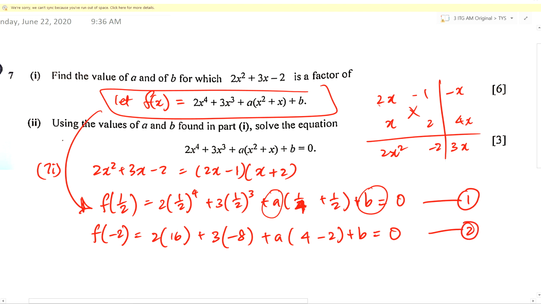Okay, equation number 2. 2 equations, 2 unknowns, go and solve. Arrive at a equals negative 6 and b equals 4. Concept wise, there isn't anything much, and that earns you 6 marks.